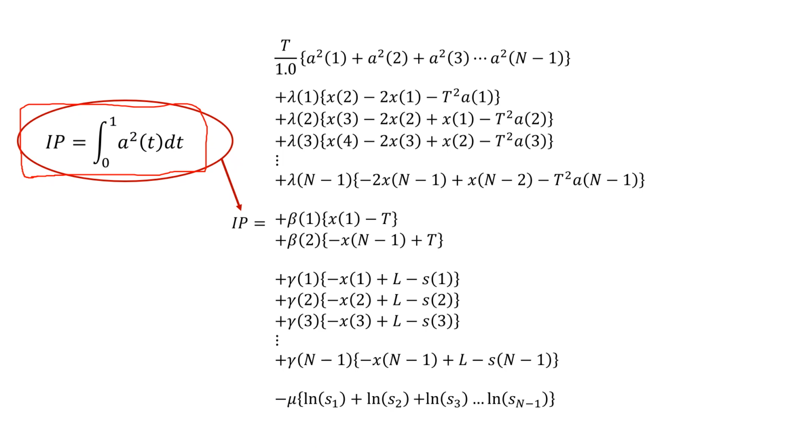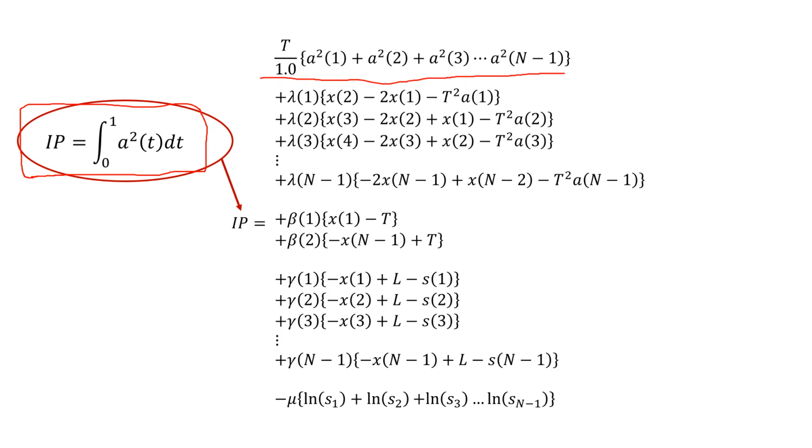Remember, by using transcription, we're dealing with discrete variables. That integral can be approximated as shown here. We would like to perform this minimization with respect to the dynamics of the system, as well as to a number of constraint and inequality constraint conditions.